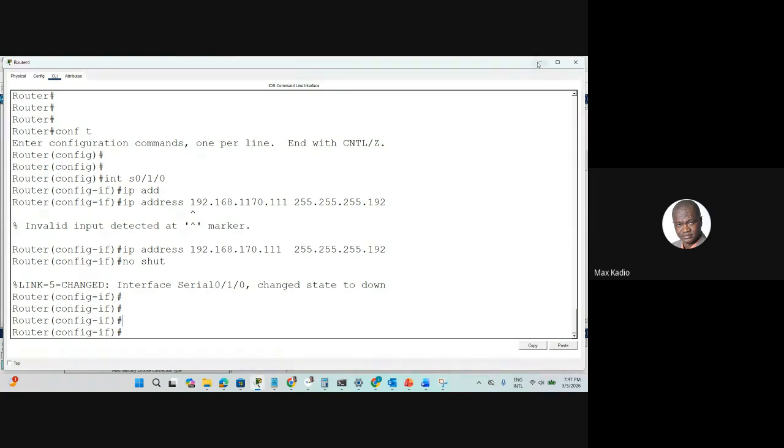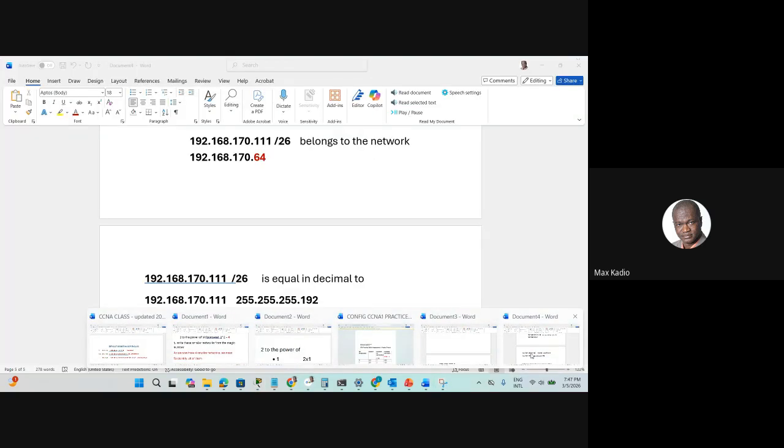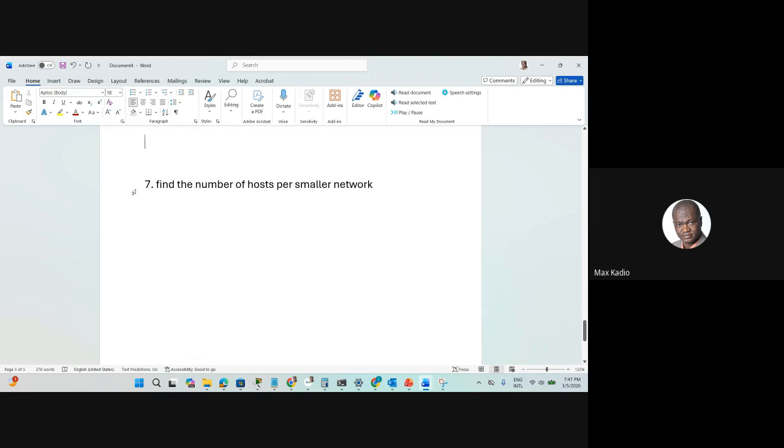So I can say normally we are done. I'll send the recording tomorrow morning, but there is the last question. Find the number of hosts per smaller network.